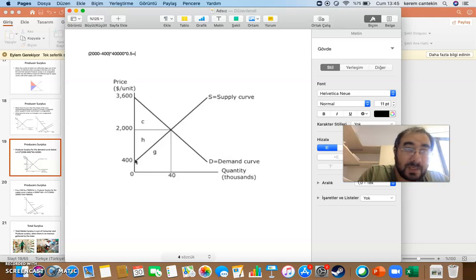So it is, I believe, 32, two zeros, and then four zeros, which is $32 million, basically, will be our producer surplus. This case is relatively easy.